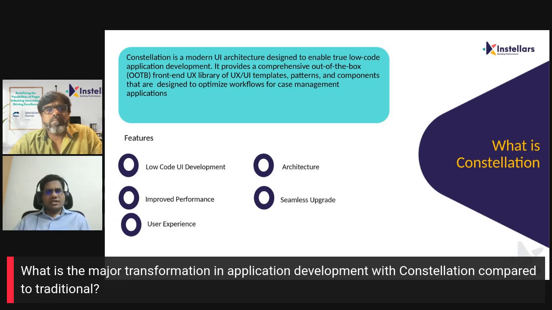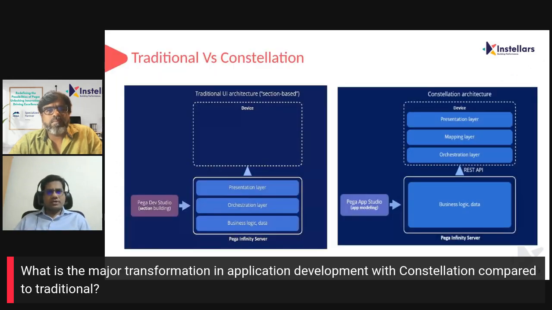In the past, in traditional applications, the business logic and data were tightly linked or coupled to UI sections, and action sets were triggered whenever a task was to be initiated.